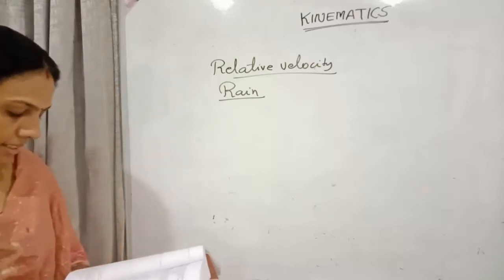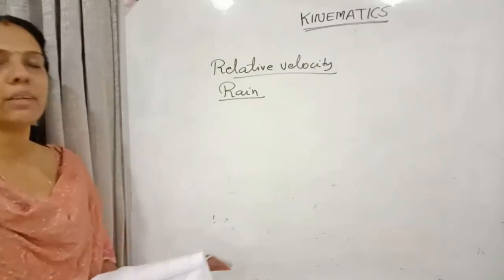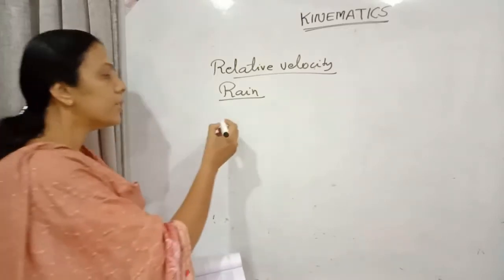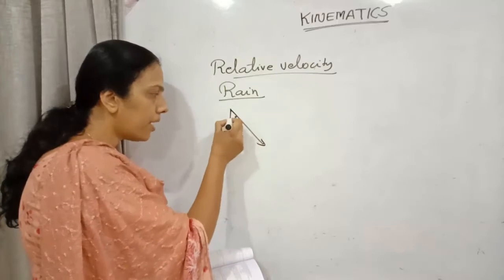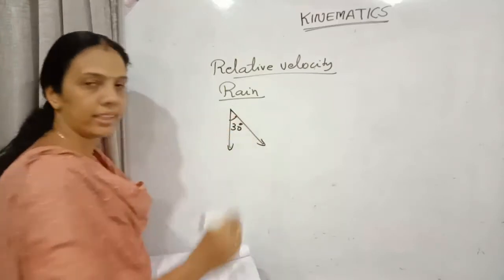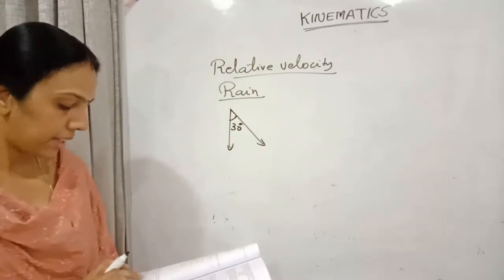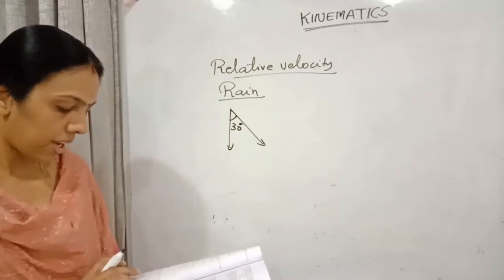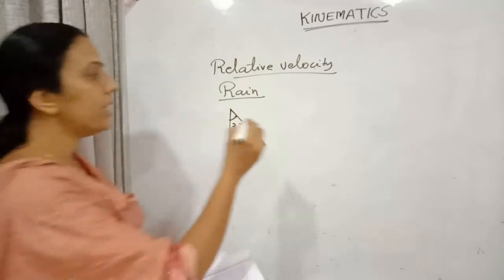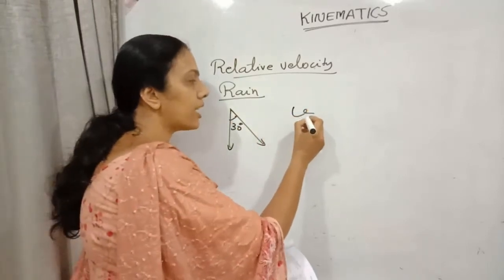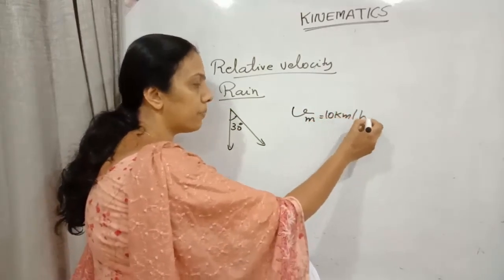A man standing on a road has to hold his umbrella at 30 degrees with respect to the vertical. So this is vertical, and he is holding his umbrella at 30 degrees. Then, to keep the rain away, he throws the umbrella and starts running at 10 km per hour.